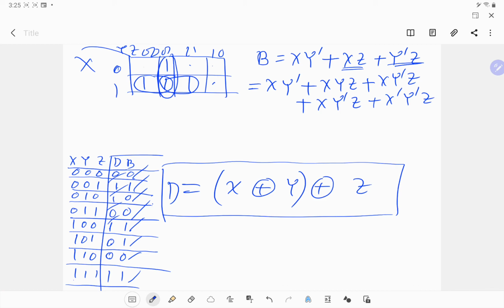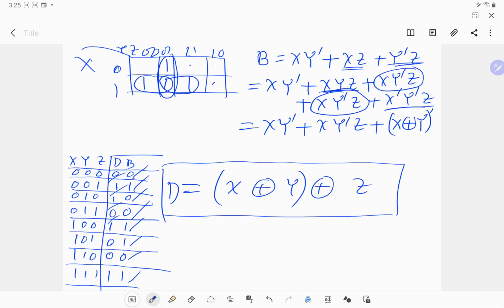So now we have X prime Z twice, X Y prime Z, so then we get X Y prime plus X Y prime Z plus, between these two terms we have Z common, and then we'll also get exclusive NOR between X and Y. Z is common.